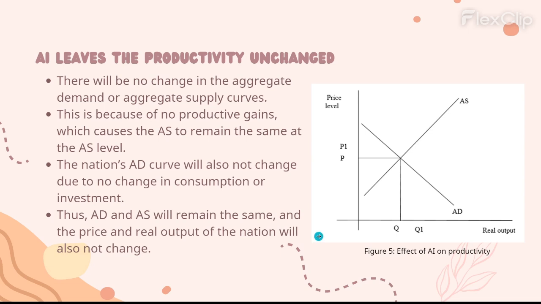Similarly, the nation's AD curve will also not change due to no change in consumption or investment. Therefore, it highlights that AD and AS will remain the same, along with the price and the real output of the nation.